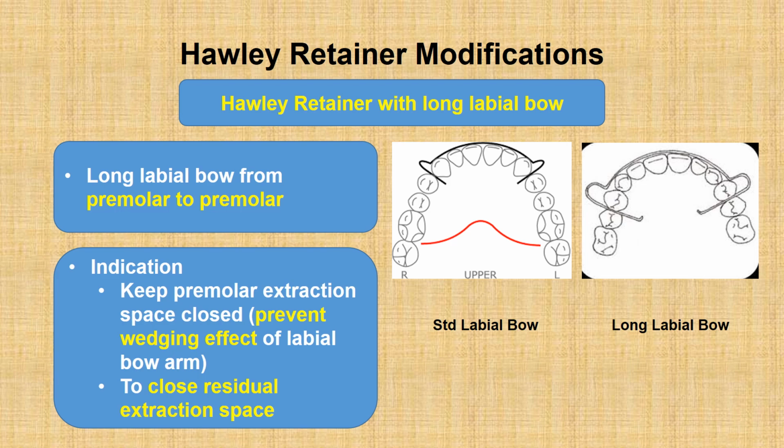Now if a premolar extraction was done, the arm of the short labial bow will pass over the extraction space, and from the wedging effect of the arm, the premolar extraction space can reopen.